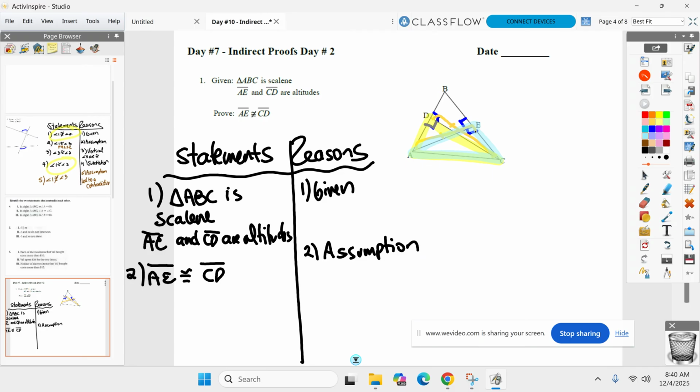I need AB congruent to BC. Will that give me AB congruent to BC with those two triangles? No, it won't, right? It'll get me angles, but I'm trying to go for AB being congruent to BC. And as everyone can see, if you try to prove those triangles congruent, they don't contain AB and BC. I need two triangles that contain AB and BC.